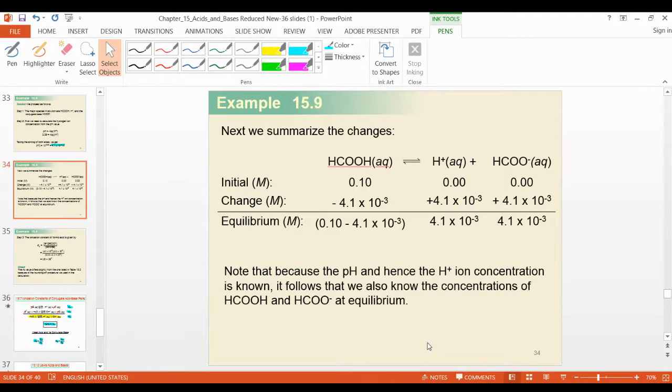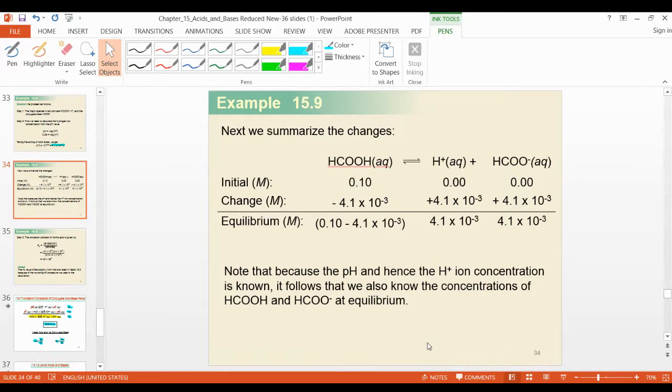Whatever pH is given, you determine the hydrogen ion concentration directly from pH: 10 to the power minus pH. That value is your hydrogen ion concentration. It is reduced from the reactant and added into the product directly.